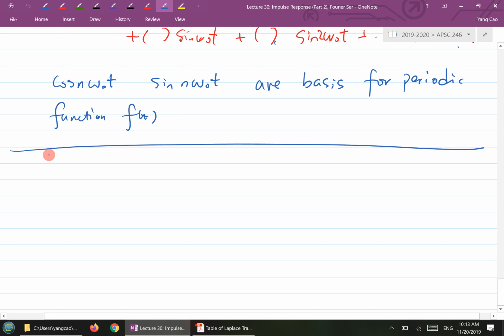The first concept I need to cover is called orthogonal functions.